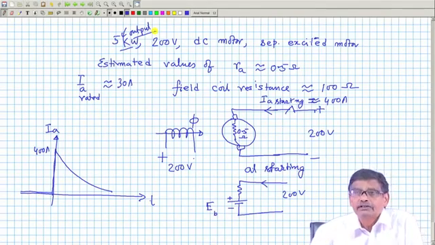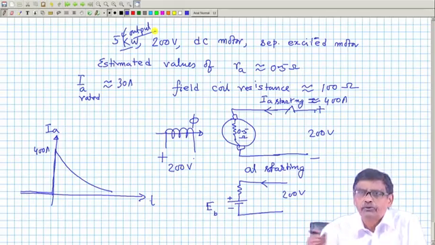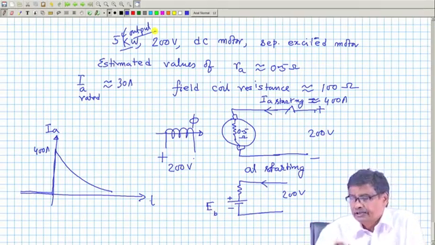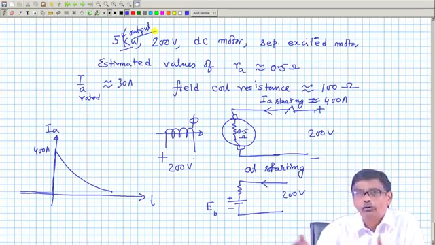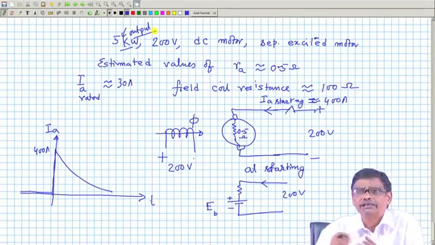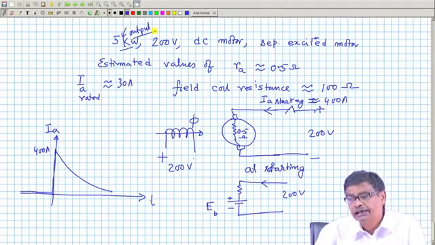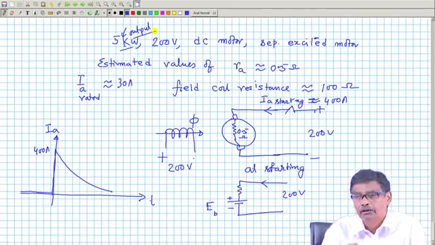Where do the primary losses take place? Some losses will be in the armature circuit, some in the field circuit, and also some rotational loss. I do not have any idea how they are really divided, so let us assume 1/3, 1/3, 1/3. From that, I will get how much the power loss in the armature circuit will be.